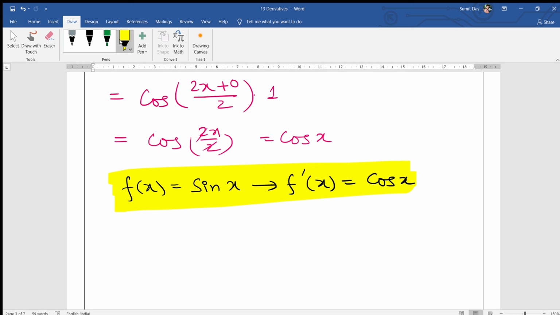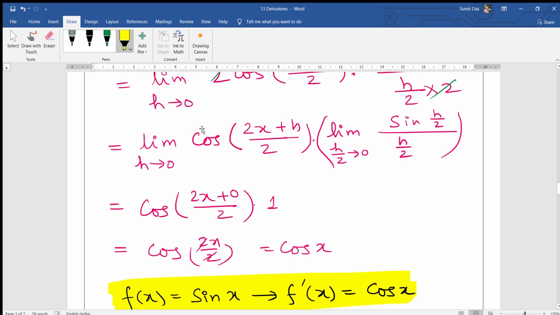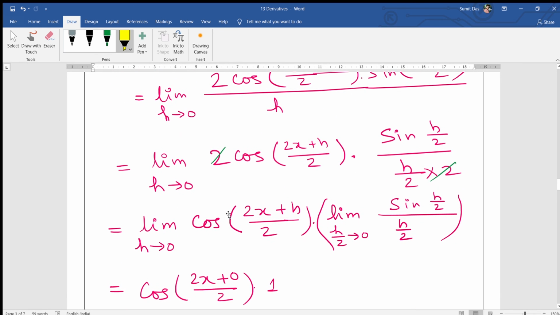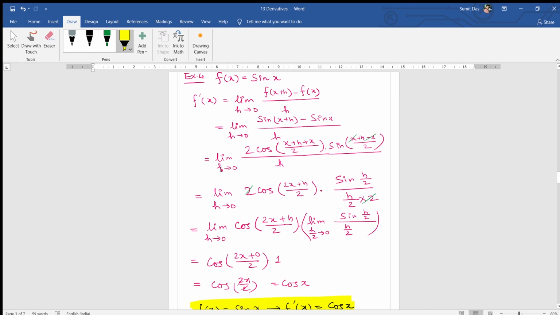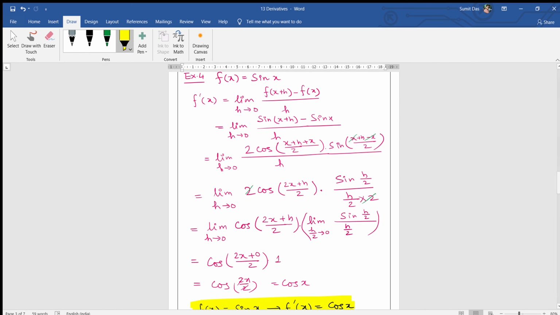Now I want to give you some homework. Okay, let me know first, is there any doubt on this first question? This sin x, if you have any doubt or not. In this example 4, do you have any doubt? Then let me know.